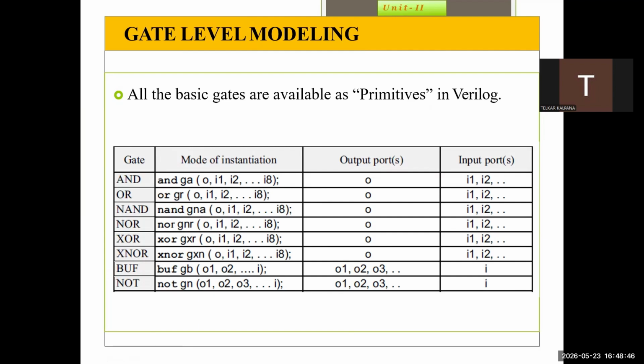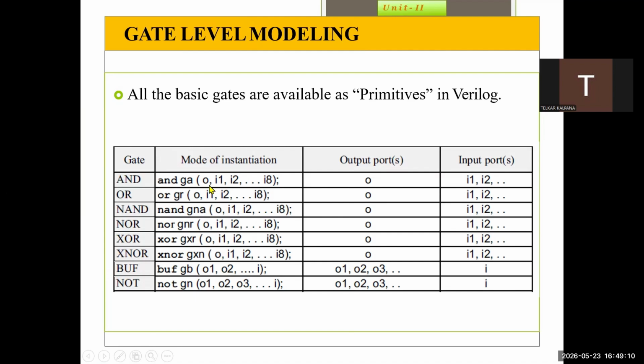Already it is predefined in the programming language. Whenever we write the program at gate level, we instantiate the AND gate as and in small letters. You can give any name to the particular gate. If more than one AND gate is there, you can give the names G1, G2 and so on.